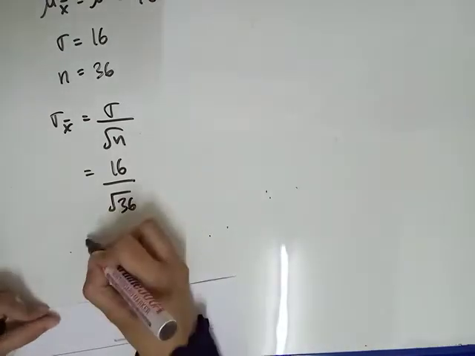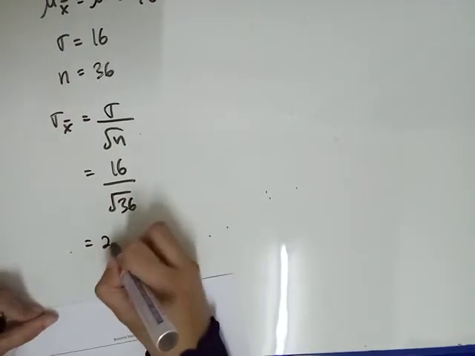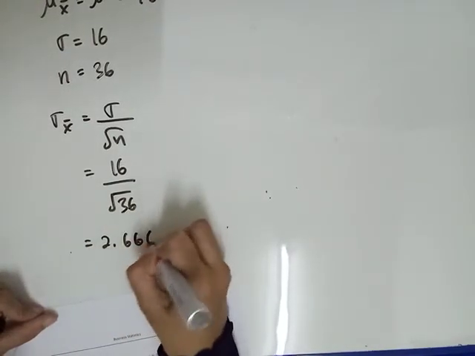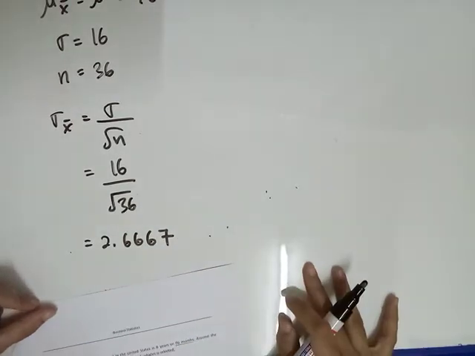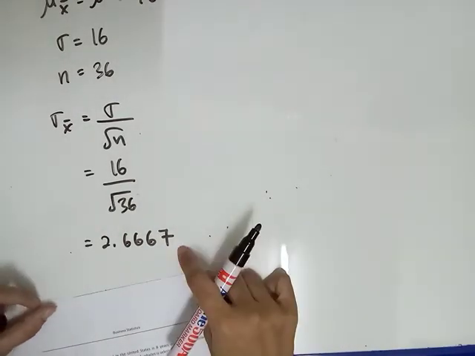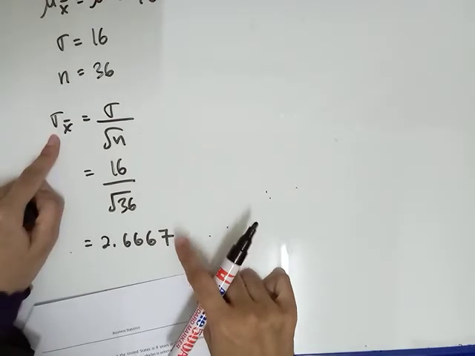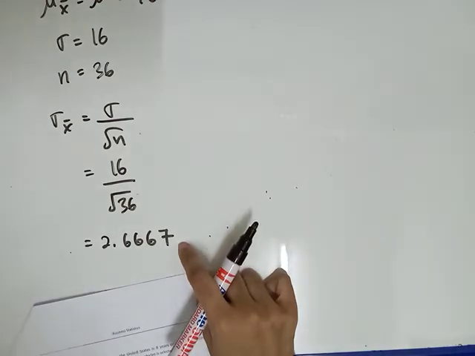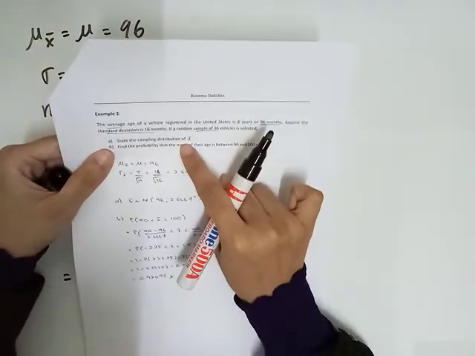Okay, and then awak calculate, you will get 2.6667. Okay, this is the answer. This is the value for standard deviation of the sample mean. And then look at A, state the sampling distribution.